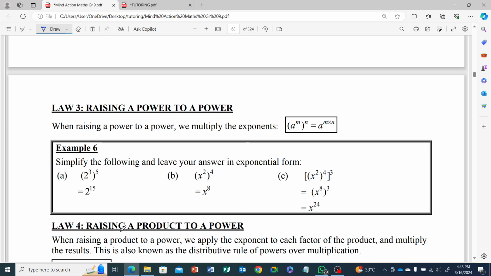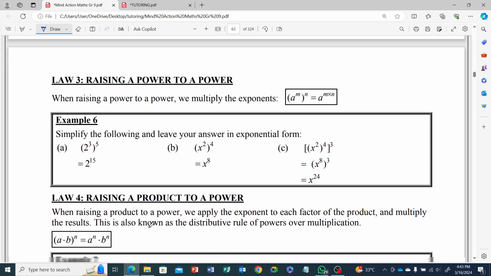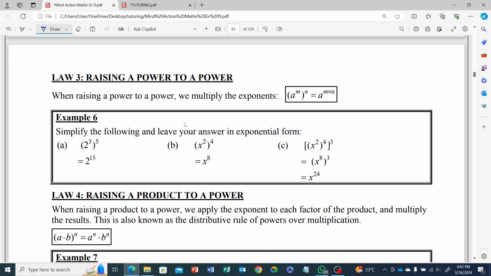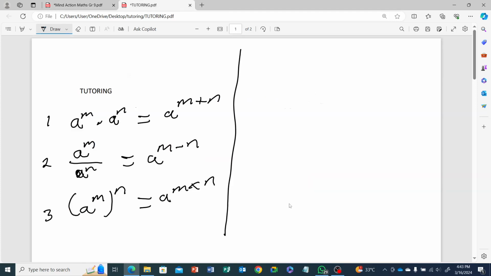Law 4, raising a product to a power. If you multiply two numbers and you raise it to the power, what happens? So if we have a times b, I'm using a dot so that you can know that other books use a dot as multiplication. So if you have a times b all raised to the n, what does it mean?